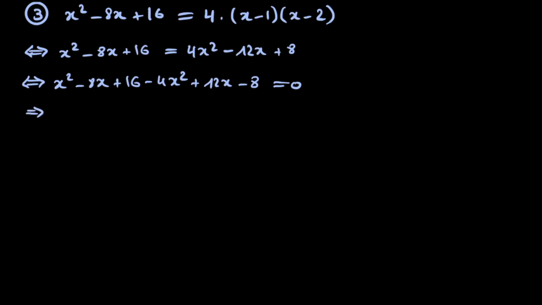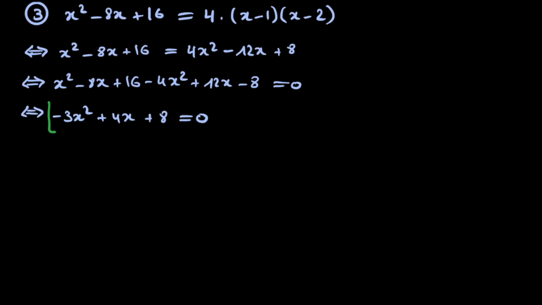Taking together all of the equal powers of x, we have x squared minus 4 times x squared is minus 3 times x squared. We have minus 8x plus 12x, which is of course plus 4x. And for the constant terms, we have plus 16 minus 8, which is of course plus 8. And this has to be equal to 0.